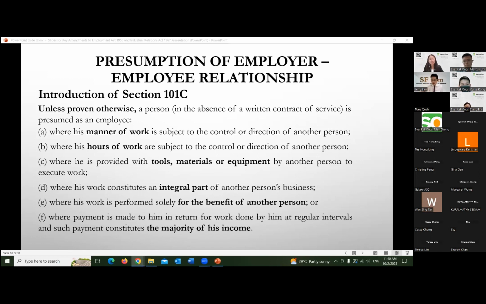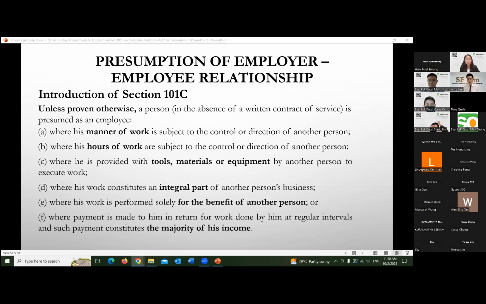The court will assess all the circumstances to decide whether this particular person is an employee or a contractor. So this phrase, "unless proven otherwise", is a very strong three words.